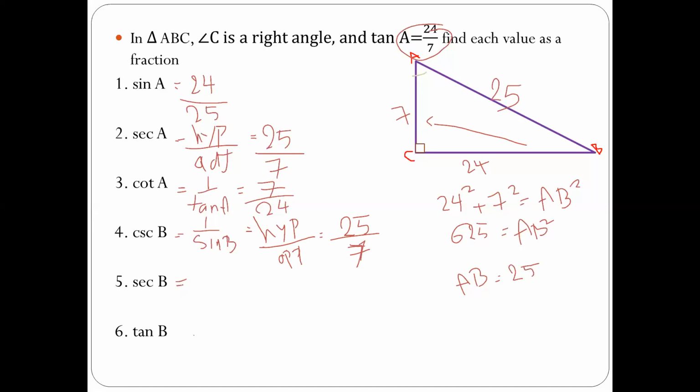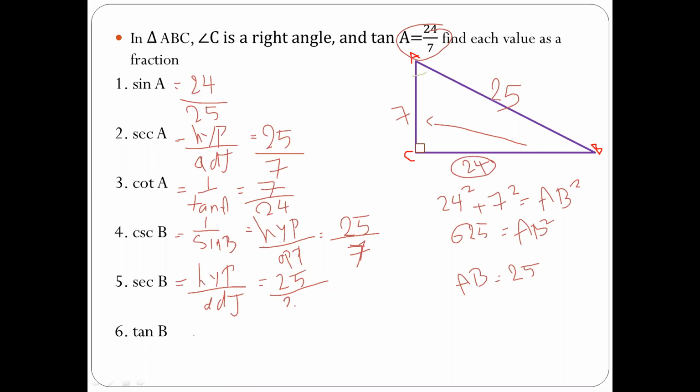What about secant B? It is 1 over cosine. This means it is hypotenuse over adjacent. So the hypotenuse here is 25 over the adjacent to B. This is B. What is the adjacent to it?